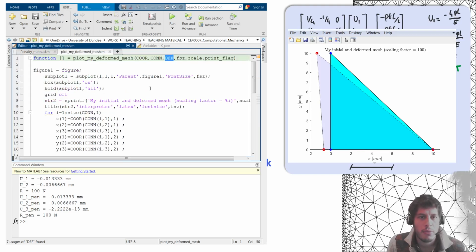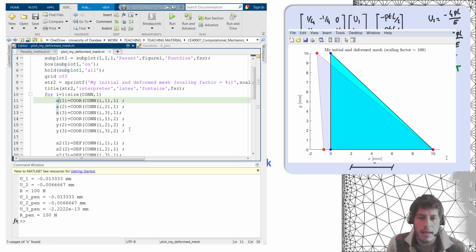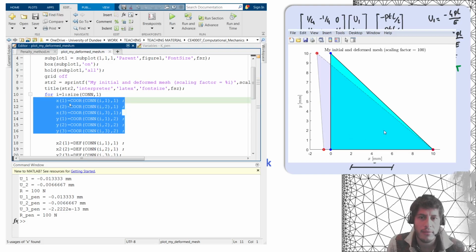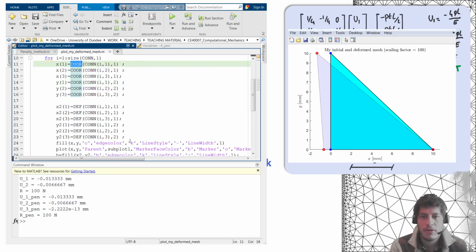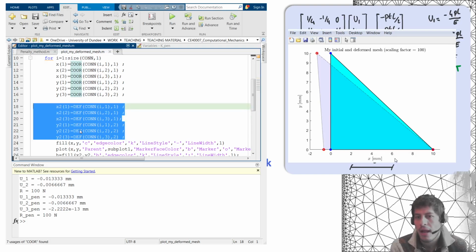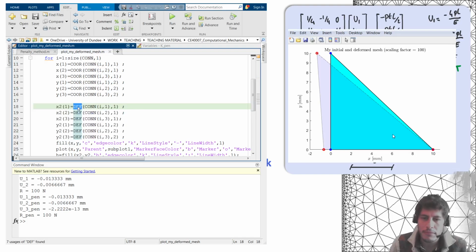And so what I do is I create a figure where, as we've done before, we find the x and y position of our triangle of initial coordinates, and then we also define another triangle that has the coordinates of the deformed position.